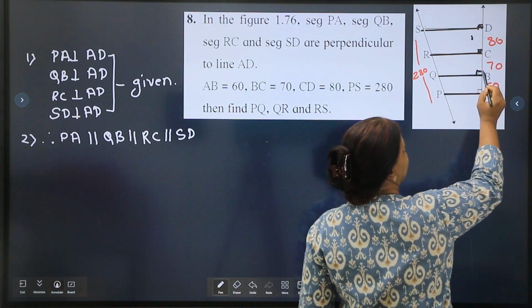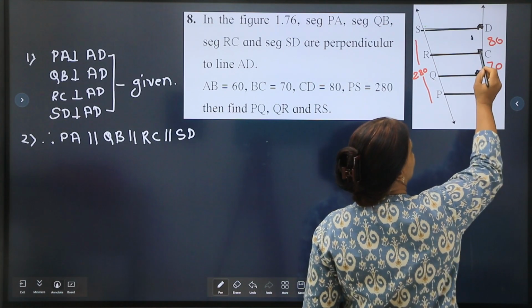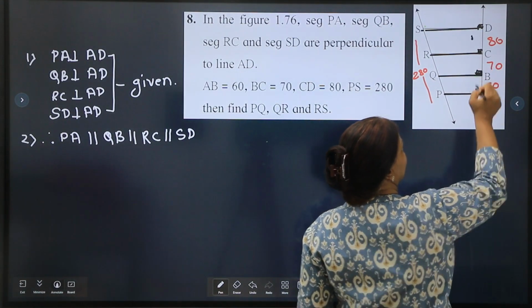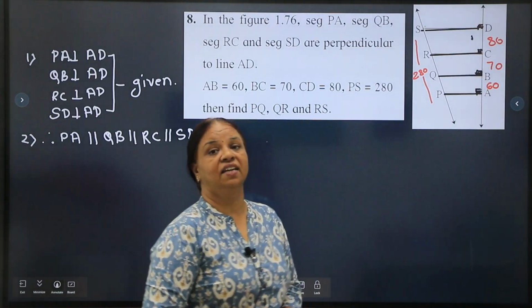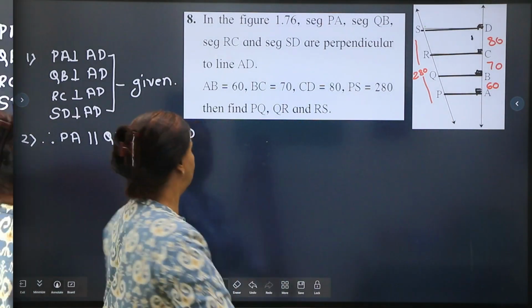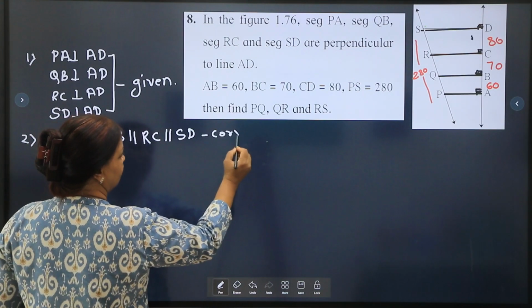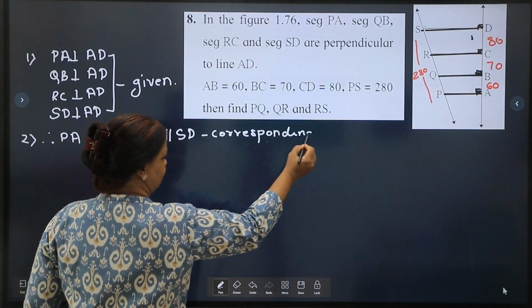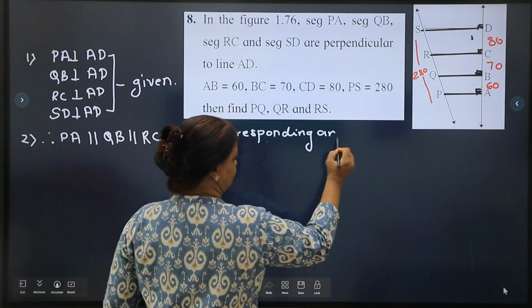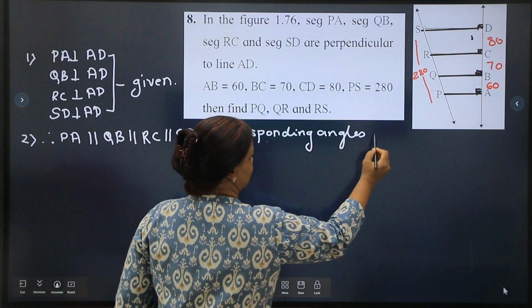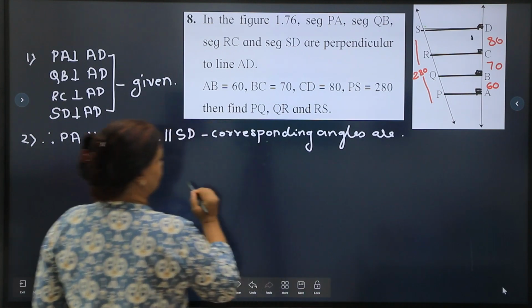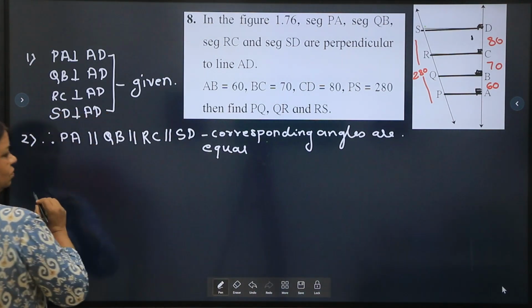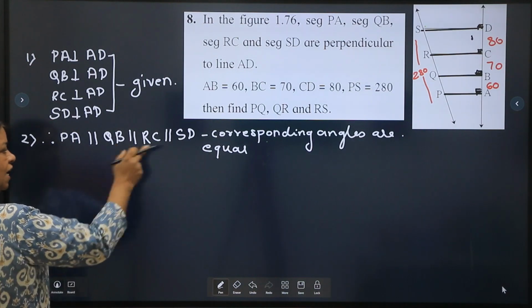Similarly, this is also 90, so the corresponding angles are equal. Since the corresponding angles are equal, the lines are parallel.